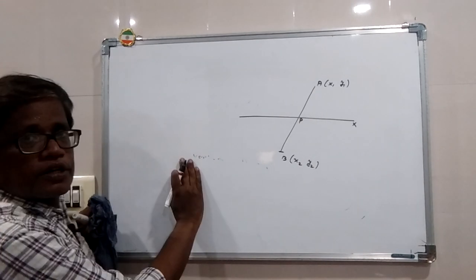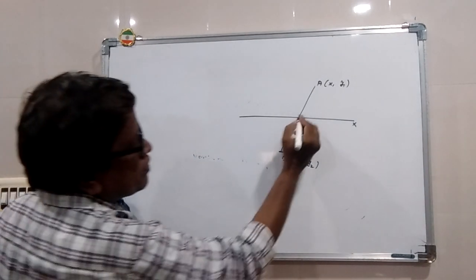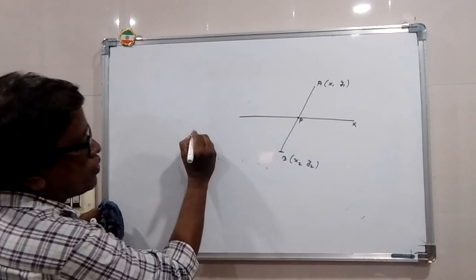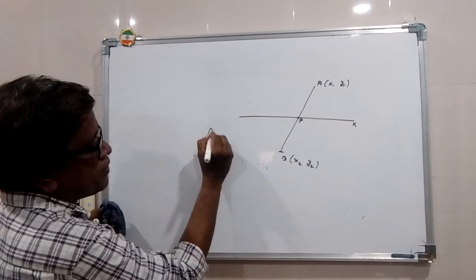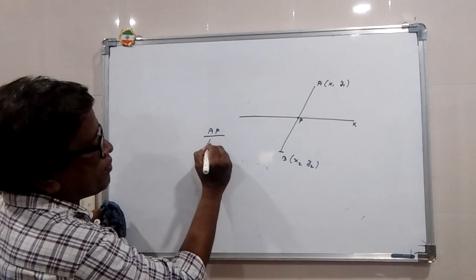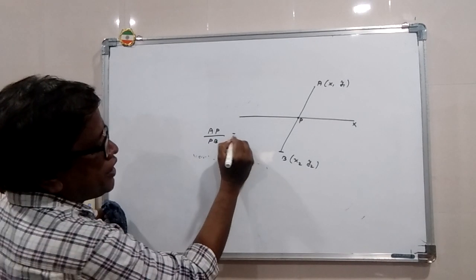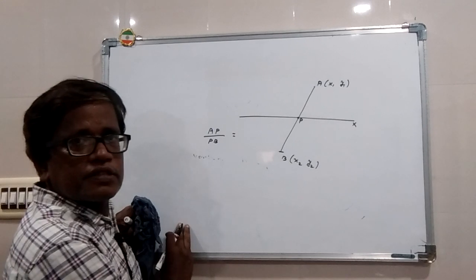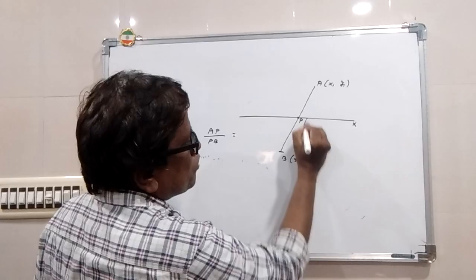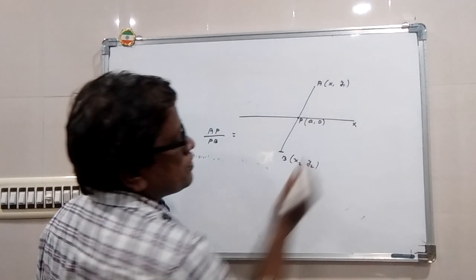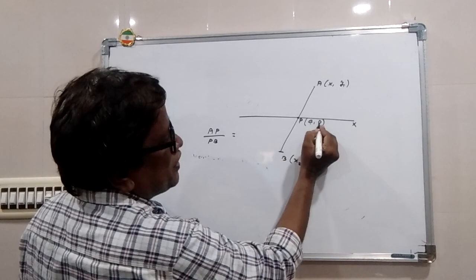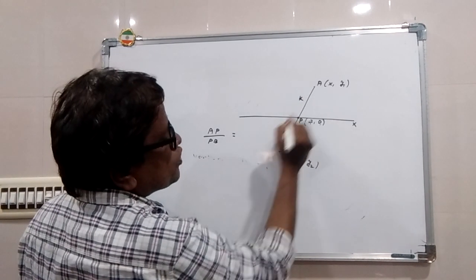Let x1, y1 and x2, y2 be two given points and the x-axis is dividing it in a certain ratio. You have to find that ratio. To find the ratio by which the x-axis divides the line segment, take this point as A0, since on the x-axis the y coordinate is 0. So this point is A0 and the ratio is k is to 1.